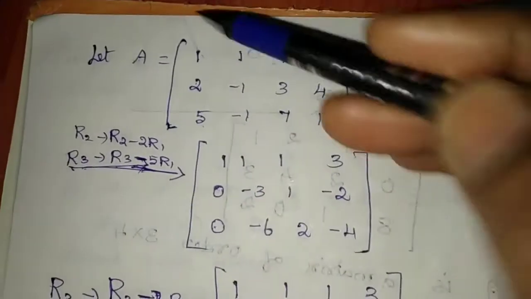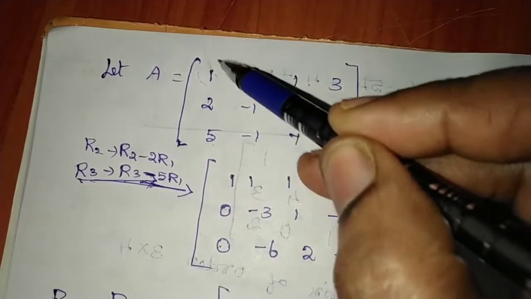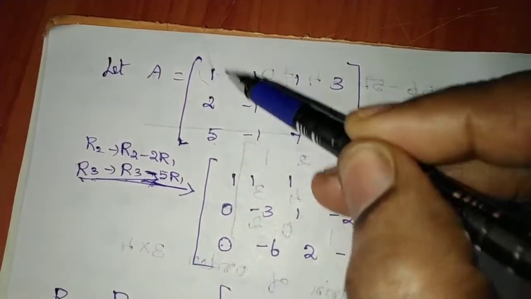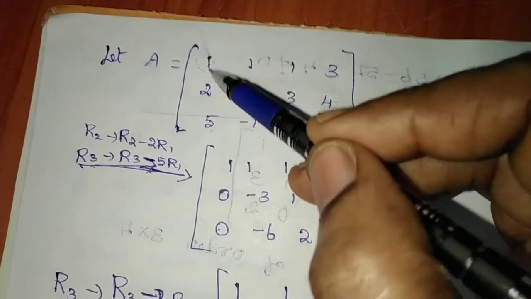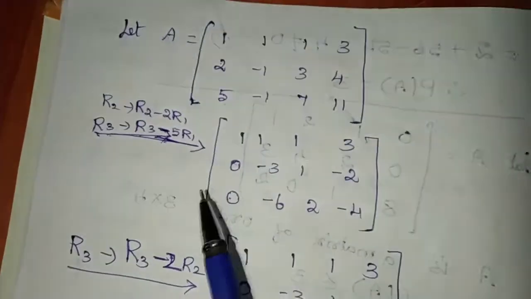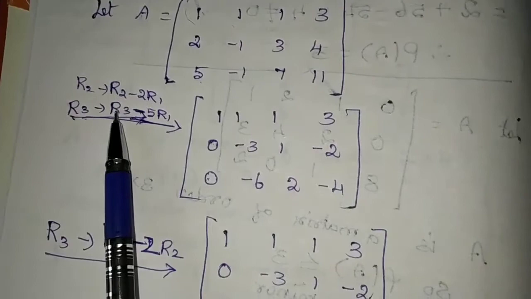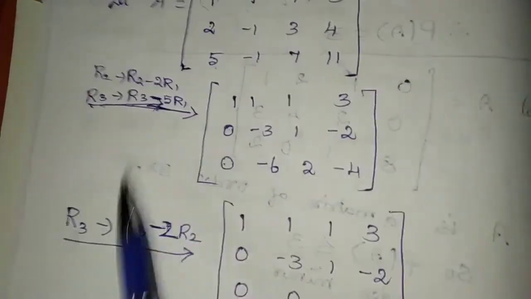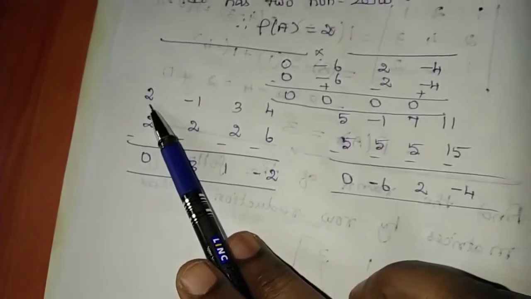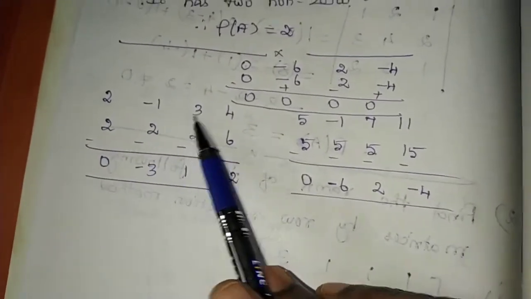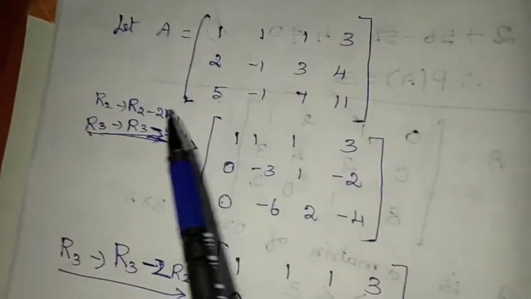Now here 1 is a very important place, so fix a 1, then we can easily do this simplification. Now R2 minus 2R1. For easy simplification, R2: 2 minus 1, 3, 4 and 2R1.